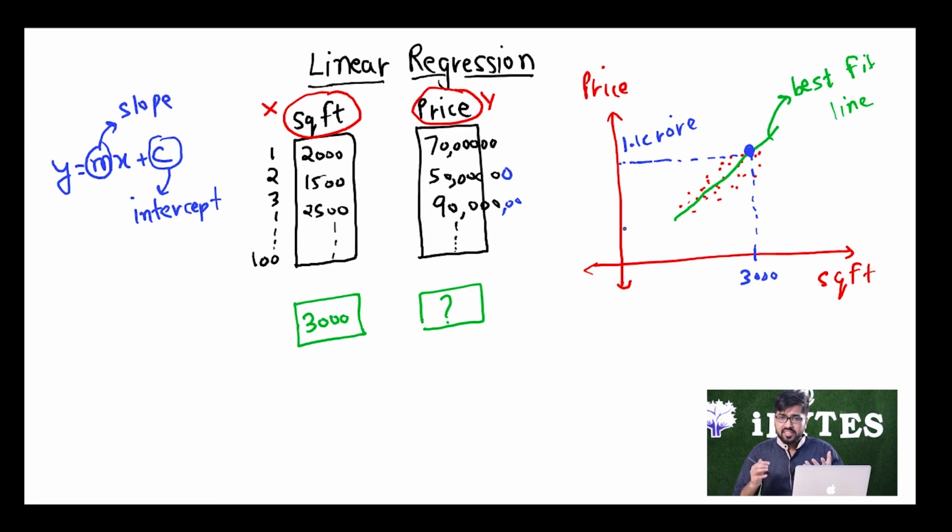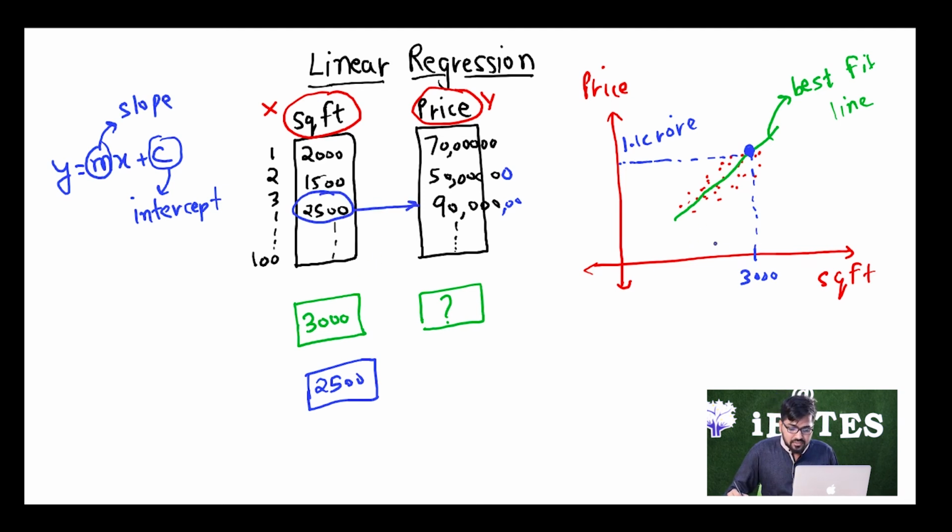Once the line has been made, we don't look at the training data anymore. All those 100 points were helpful to make the line, and now all the calculations are going to be based on that line. Even if some person comes to me with a value of 2500, I won't be looking at my training data now. I won't be saying my answer is 90 lakh.